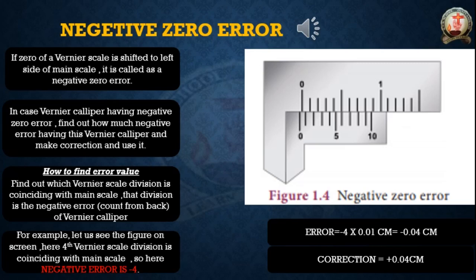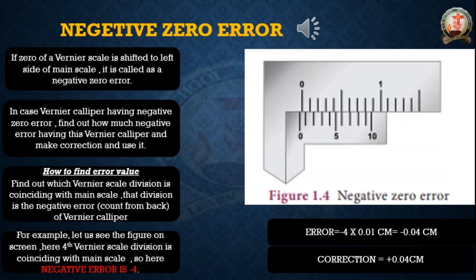If zero of a vernier scale is shifted to left side of main scale, it is called negative zero error. As I explained above, positive zero error means that zero is shifted to the right, here left side.